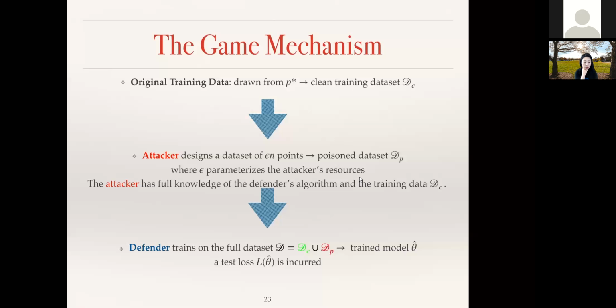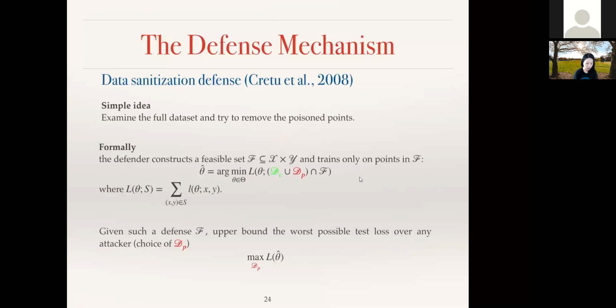Questions? No? Okay. So now the defense mechanism. We need to talk about it, because if the defender just naively trains on the full data set, DC union DP, then it's basically doomed to failure. Why?